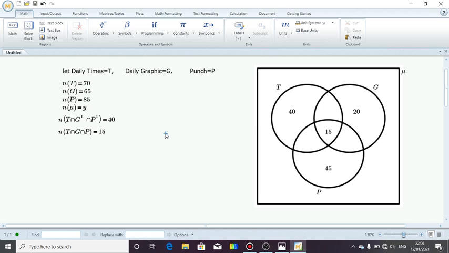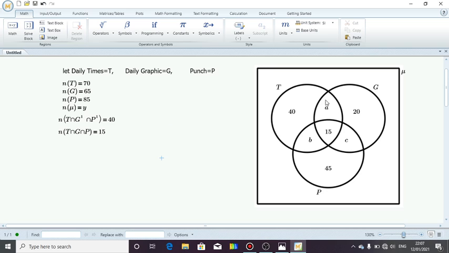Let me use small a, then B, then C. If I put A here, if I put B in this place, then if I put C in this place, that means we don't know A, B, and C. Those that apply to daily times and daily graphics, that is A, we don't know them.